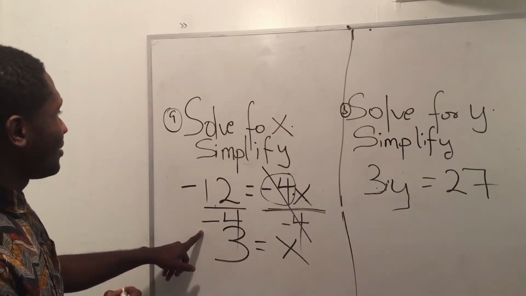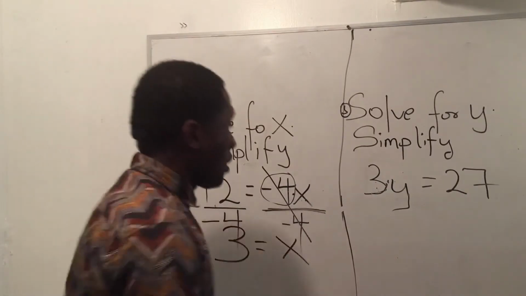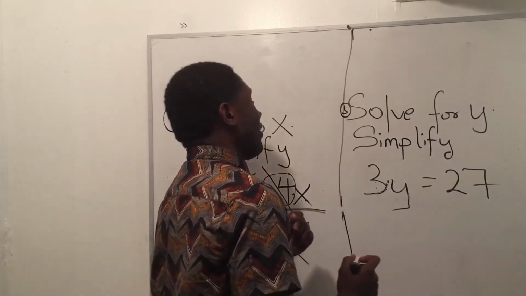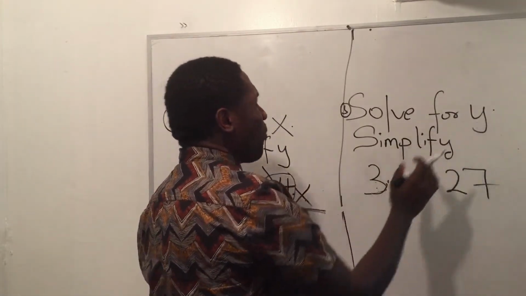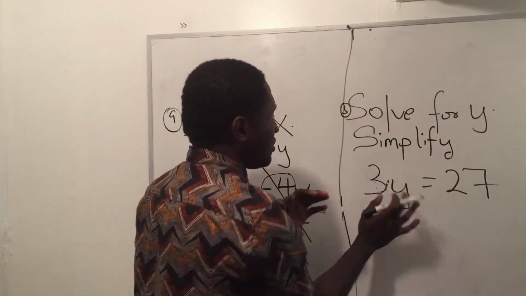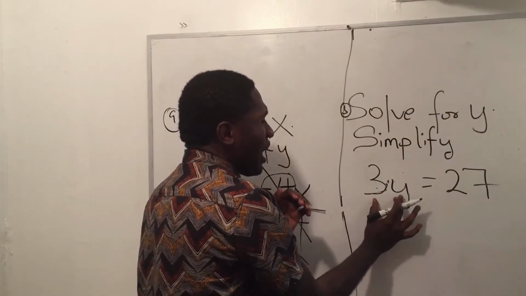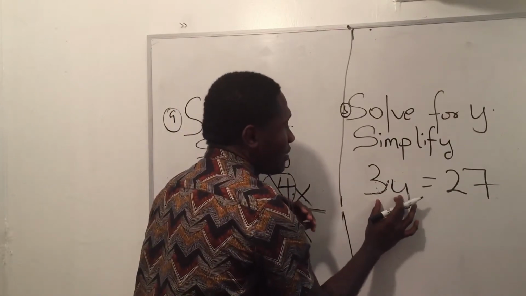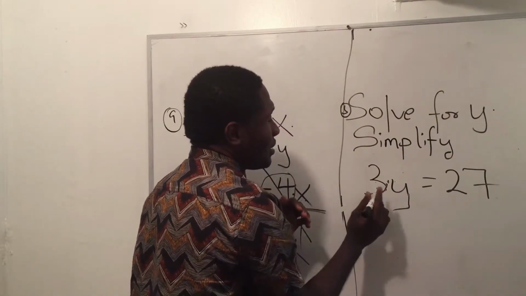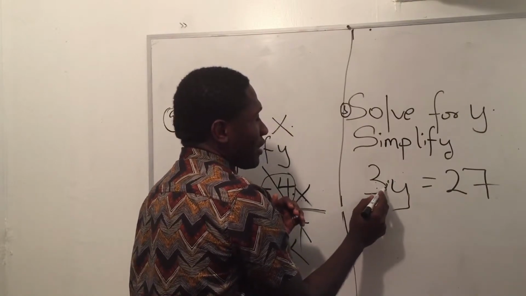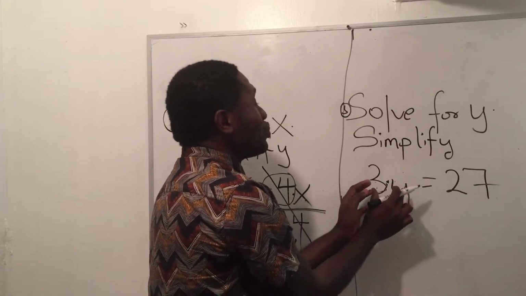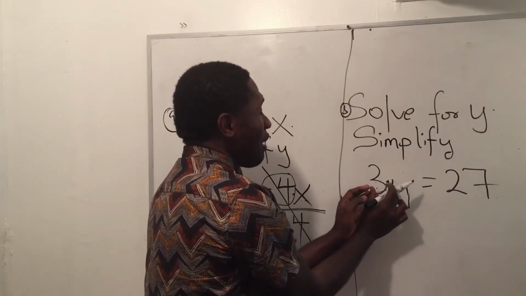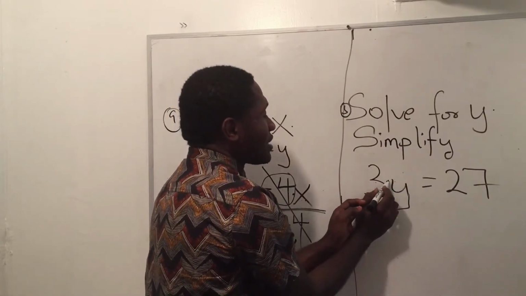Okay, that wasn't bad. Now let me see if I really got this. Here too, I'm solving for y. But where is my y in the equation? This is the y. Looking at how close that is, it tells me it's actually 3 times y. Whenever there's no plus or minus between a number and a variable, I have to know that there's actually a multiplication.